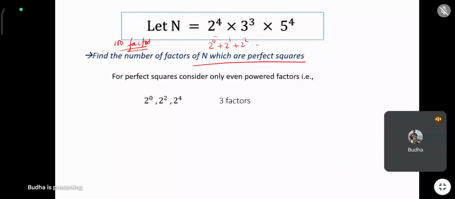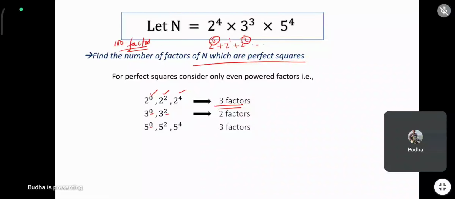From that, you consider the power which is even or a multiple of 2. So 0, 2 and 4. 3 factors. Similarly, you consider 0 and 2 for 3. Then for 5 it is 0, 2 and 4.